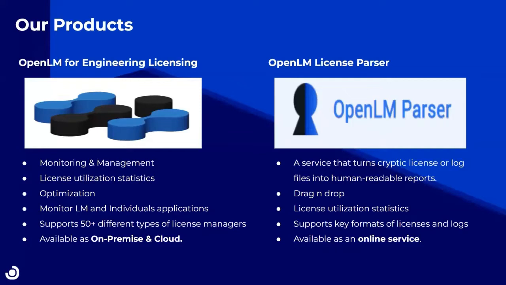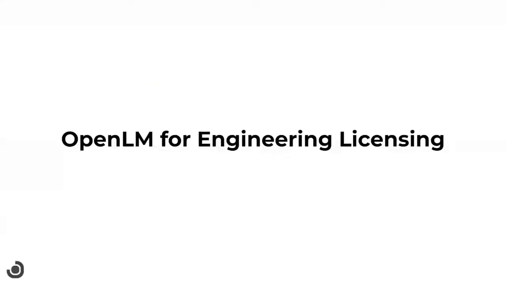And it supports a key format of license and logs like FlexLM, RLM, RMS, DSLS, LS Dyna, LMX, and many others. Well, OpenLM for engineering licensing is available as on-premise and on-cloud, while OpenLM License Parser is available as an online service. So today we are going to talk about OpenLM for engineering licensing.